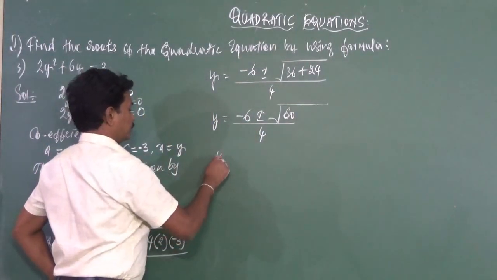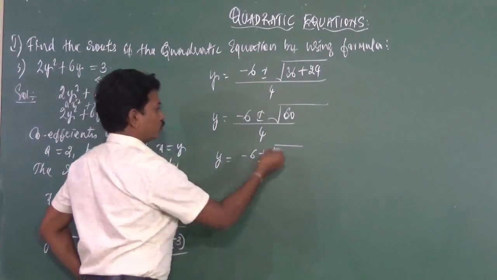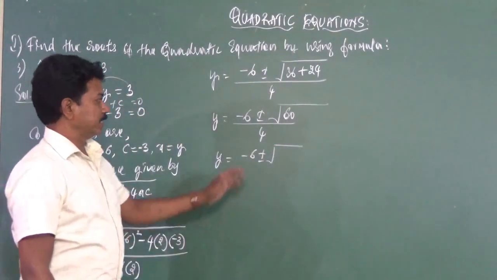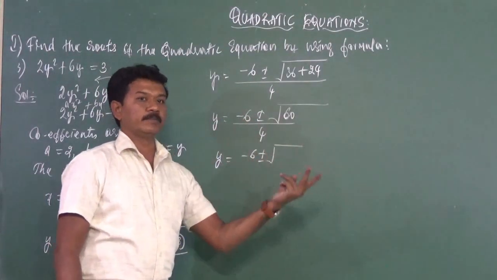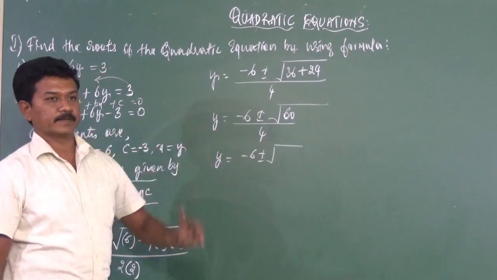Okay, so y is equal to minus 6 plus or minus. You have to convert 60 into 2 numbers. That means you have to write 60 as a product of 2 numbers, such that among those 2 numbers, one number should be a perfect square.